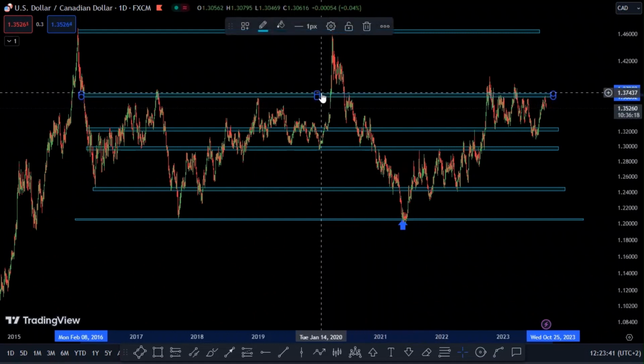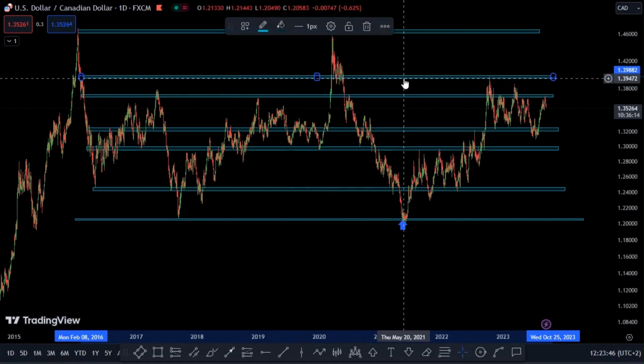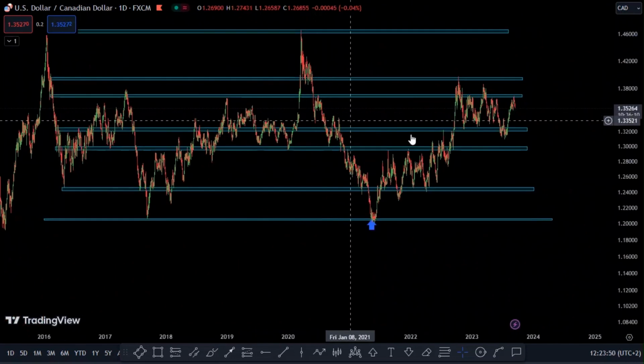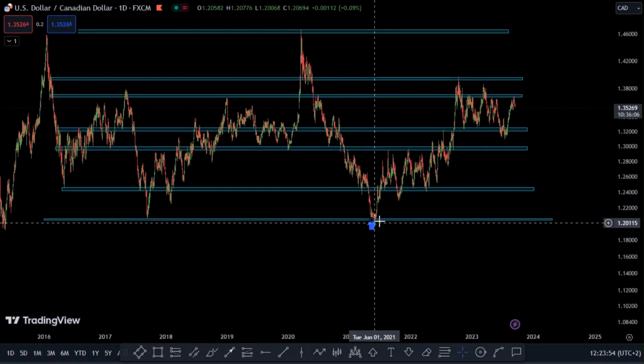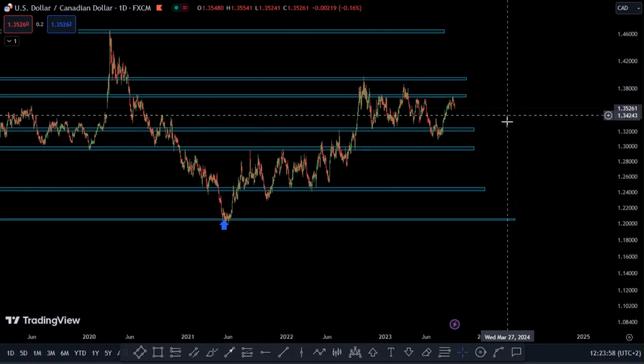We also have another one here, and then this one. So we can see that we are in an overall consolidation, where we have touched the major support and we are on the way to the major resistance.